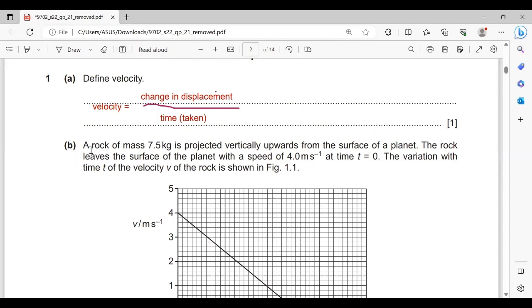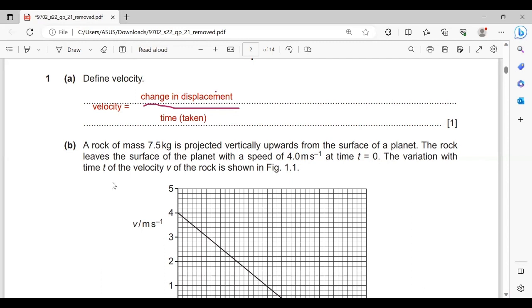1B, a rock of mass 7.5 kg is projected vertically upwards from the surface of a planet. The rock leaves the surface of the planet with a speed of 4 meters per second at time t equals 0.